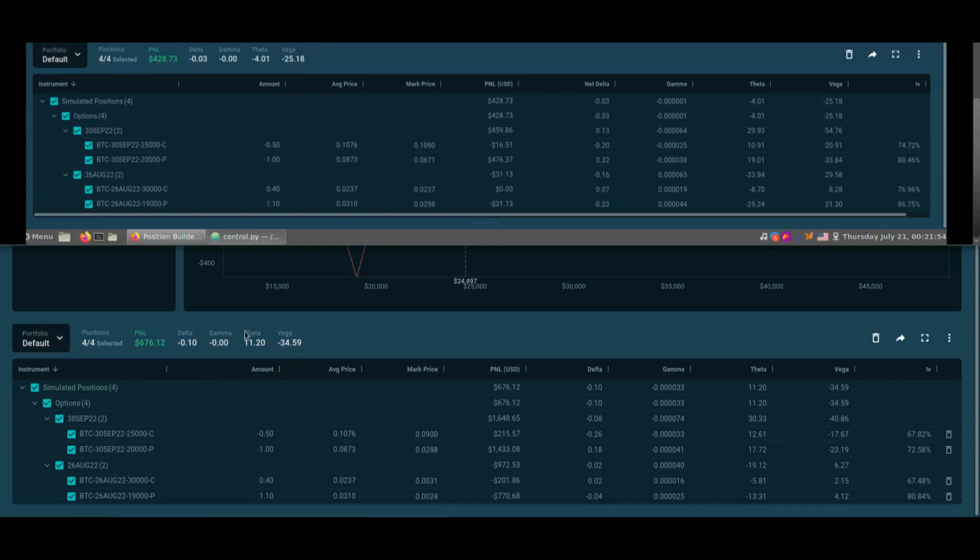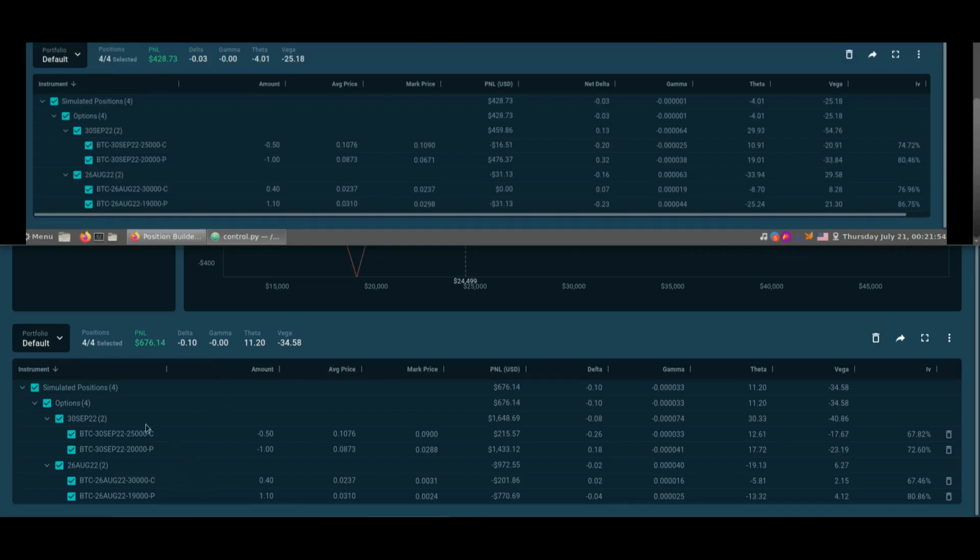And Vega, take a look, it increased to 33%, 34 bucks. So that means that we have a 2% benefit in volatility. It means that at the current stage we have 70 bucks profit by volatility.